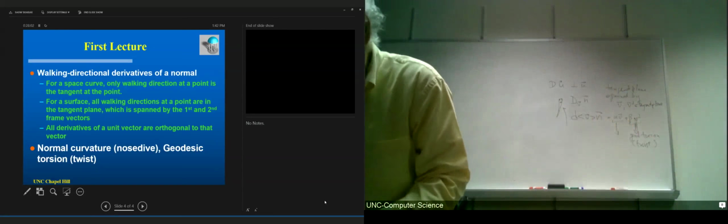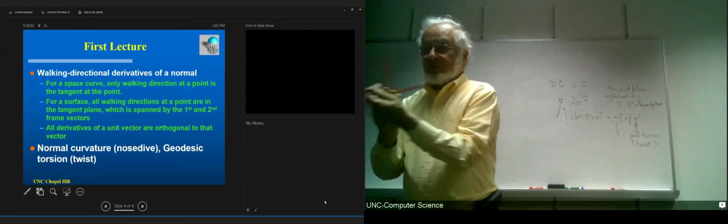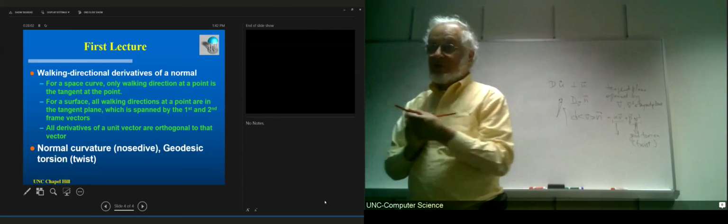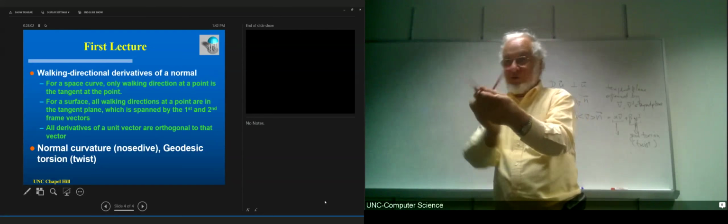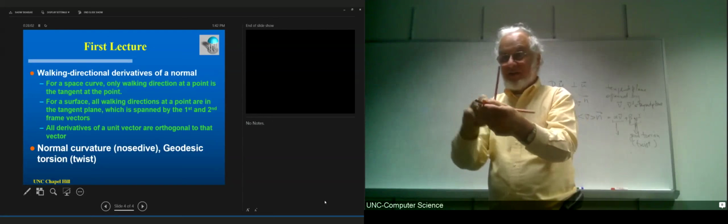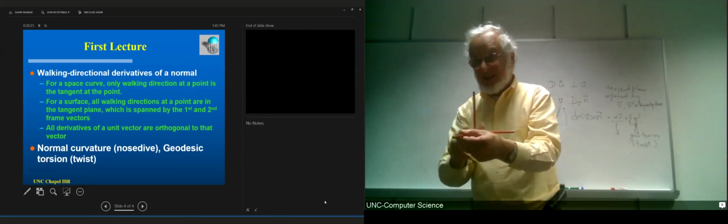When we walk in this direction, if we had pure twist, the normal would swing this way. We walk this way, and the normal swings that way or that way. That's the component in v perp. This is v.